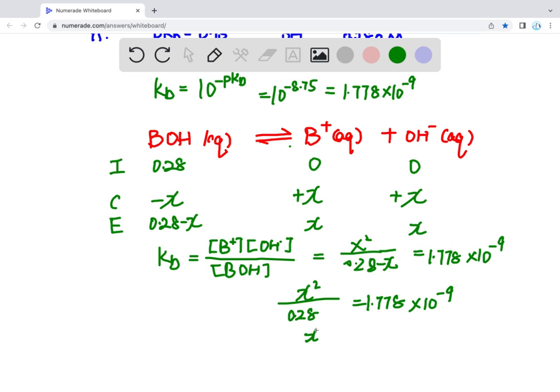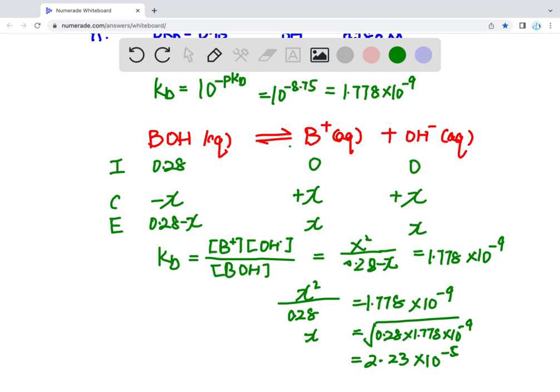So X equals the square root of 0.28 times 1.778 times 10 to minus 9. Let's do the calculations. So we'll find X here equals about 2.23 times 10 to minus 5.